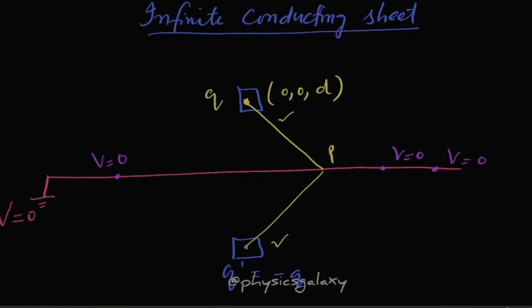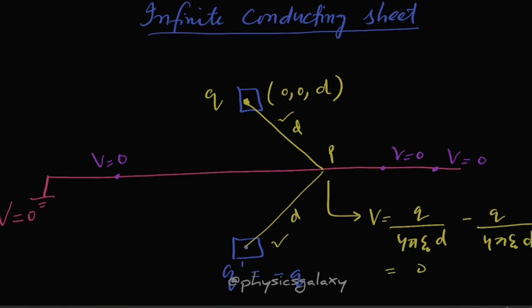The potential at P is V equals q divided by 4 pi epsilon naught d, plus the potential due to q dash, which is minus q divided by 4 pi epsilon naught d, which equals 0. So at any other point on this infinite conducting sheet, the potential due to the real charge and the imaginary charge will be 0.